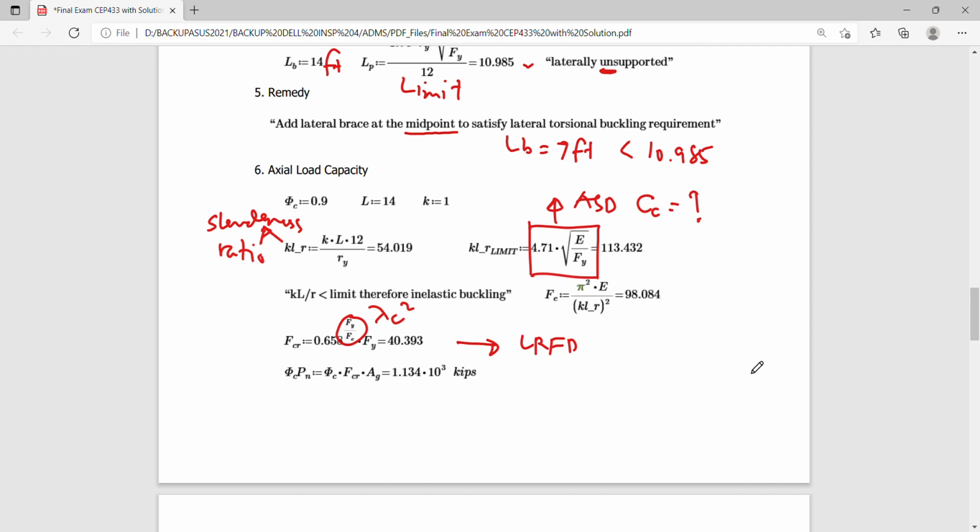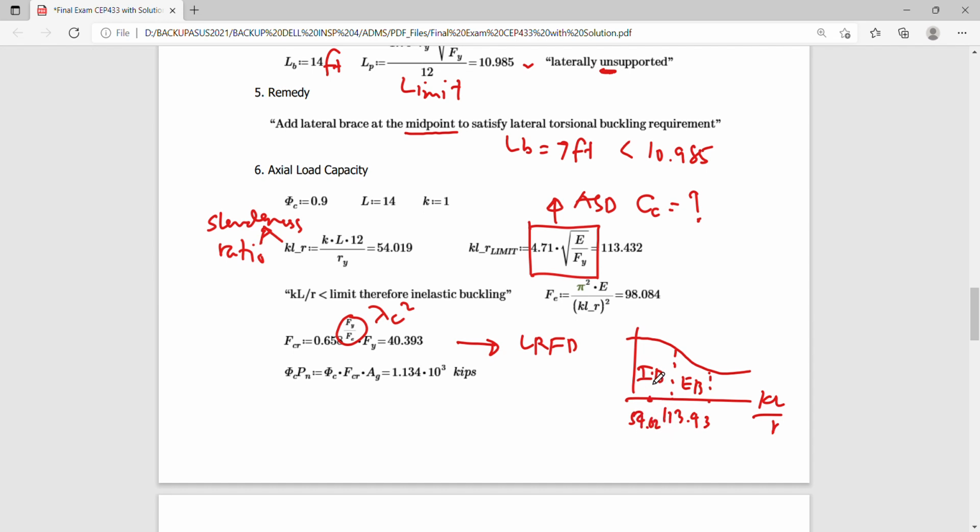Therefore, if we look into our graph of the column strength curve, this is your inelastic buckling, and this is your elastic buckling. So your limit is actually at 113.43, and your point at which your KL over r slenderness lies is only at this point, which is 54.02.